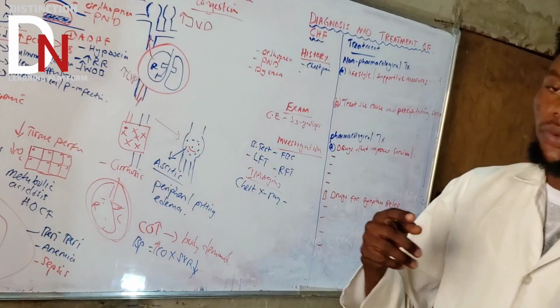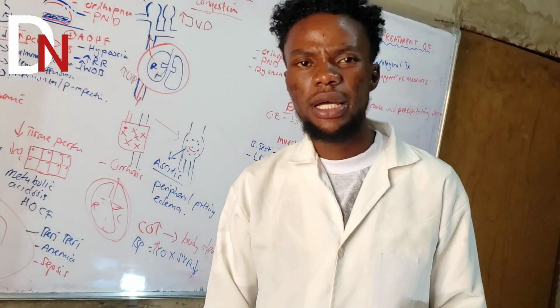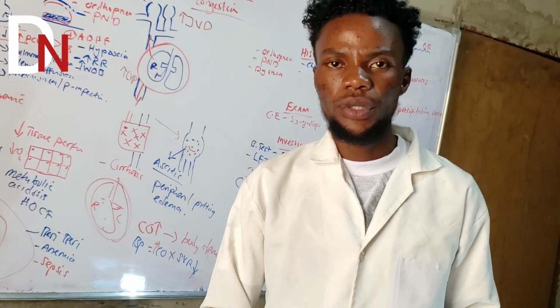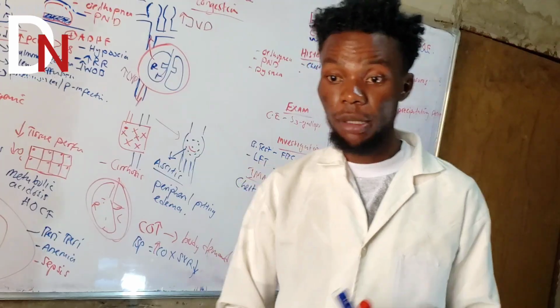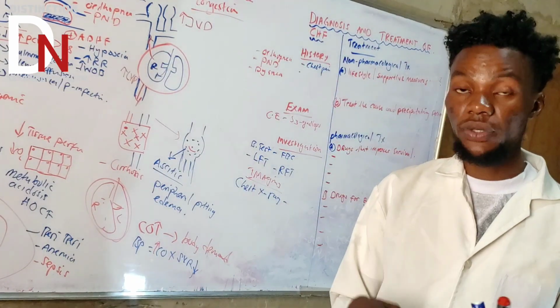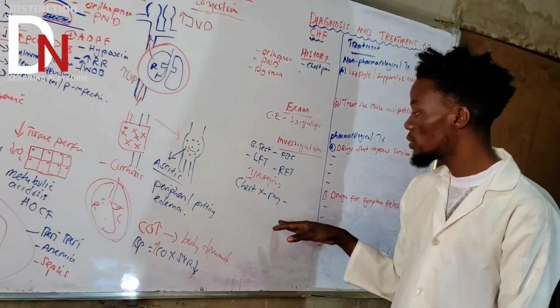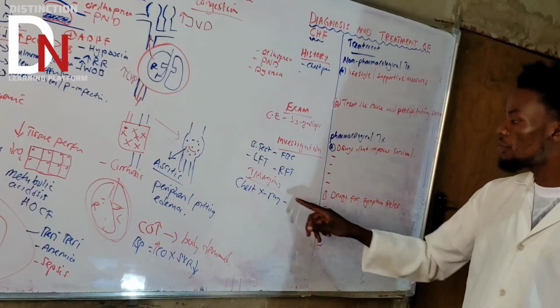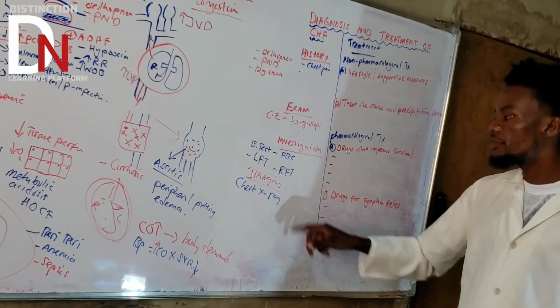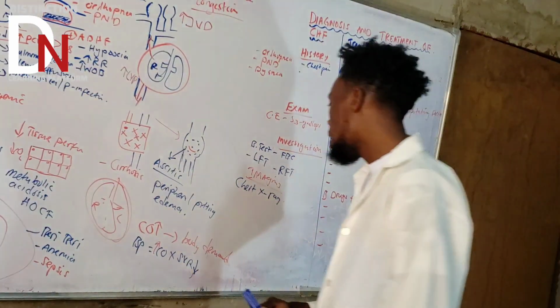You can look at the pleural effusion, the cardiomegaly, pulmonary edema, and pulmonary congestion. You can see all those things from the chest X-ray. It is very, very helpful when it comes to congestive heart failure.